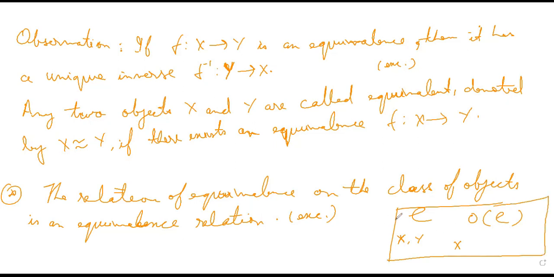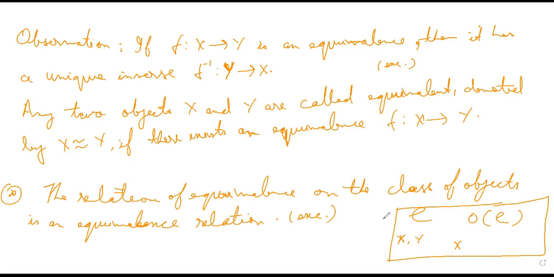You can verify. So if x is equivalent to y and y is equivalent to z, then x is equivalent to z. The reflexivity will be there. Given any object x, x is related to x because the identity morphism ix is there. So reflexivity is satisfied, then symmetry.